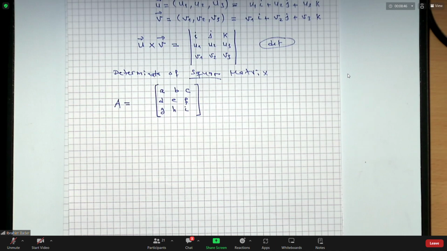If you apply it again, you get 3 by 3, up to 2 by 2. Then the algorithm will terminate and calculate the result. So this is the general idea about the Leibniz determinant.